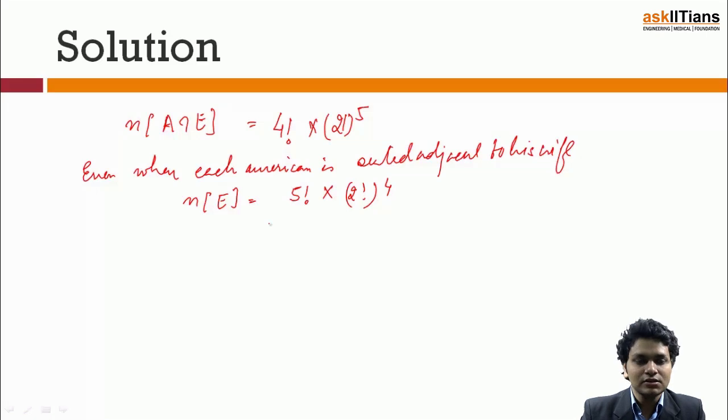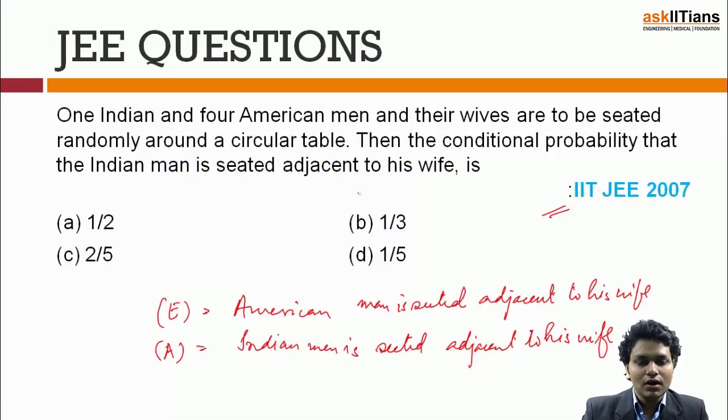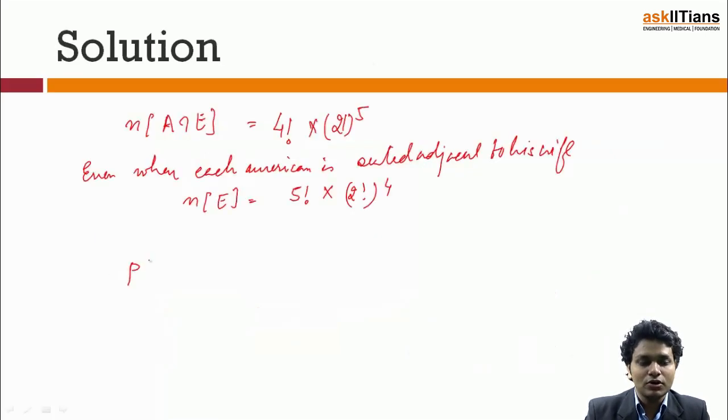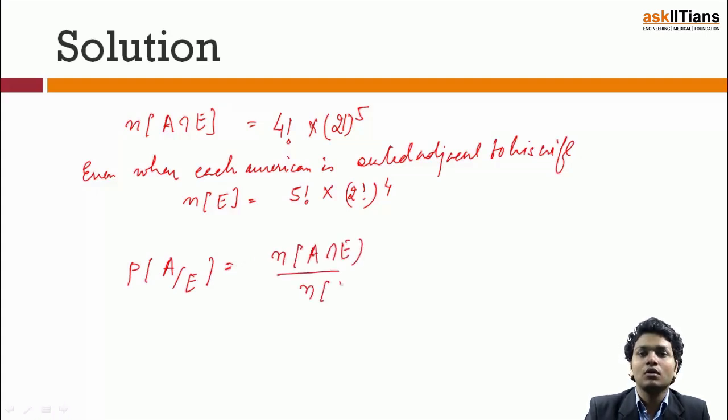So the conditional probability that the Indian man is seated adjacent to his wife can be written as probability of A given E. This will be nothing but the intersection of A and E, upon the total number of sample points that can occur in the event E, and this can be found out by the formula of probability which we have used.